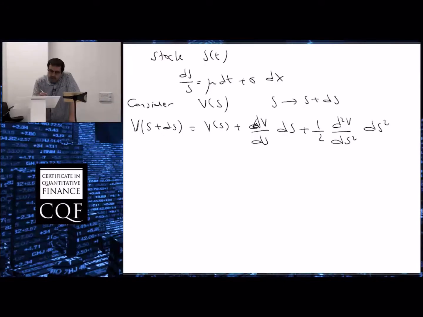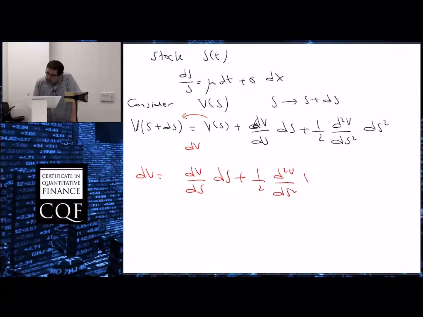So if I take the V on the other side, that gives us dV, agreed? So dV is equal to dV by dS dS plus a half d squared V by dS squared dS squared. Now, we know what dS is, that's this thing here. Agreed?